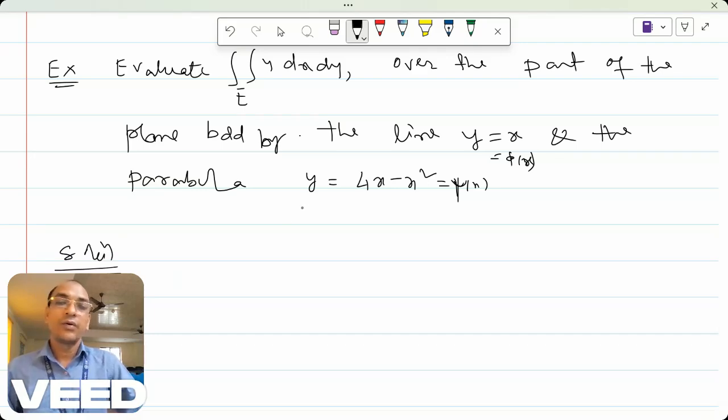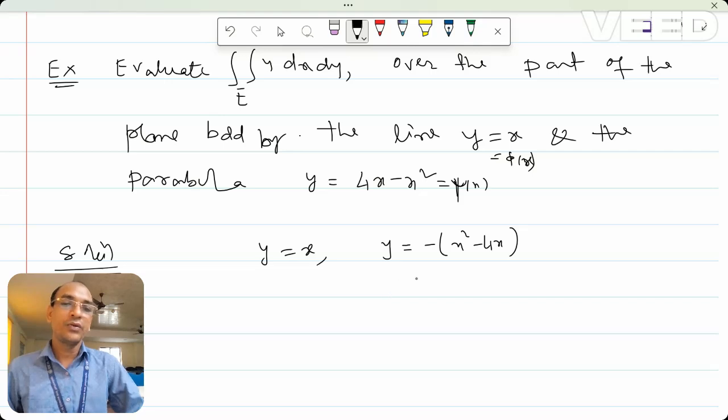Here one is y equal to x. So we don't have any problem for that graph. Now the other one you see, y equal to 4x minus x square. So I can make it a perfect square: y equal to minus of x square minus 4x. Okay. So what I will do, generally I know that y minus a is equal to 4 into x minus b.